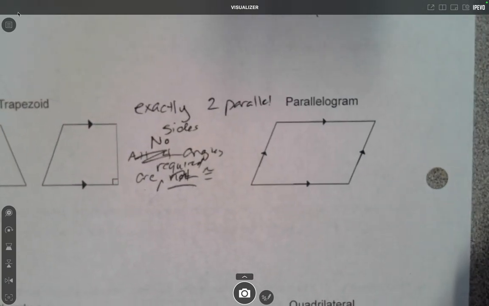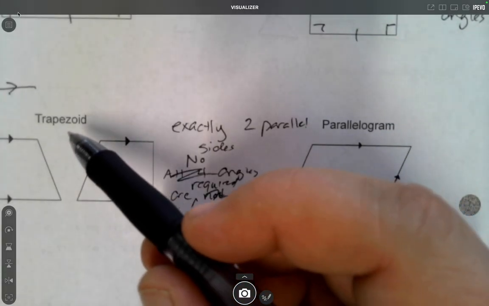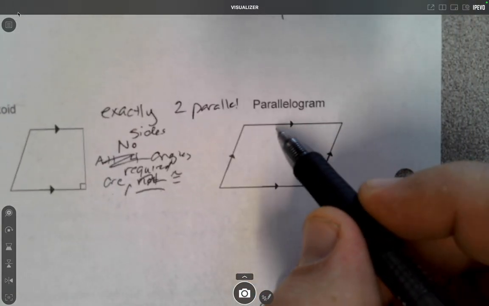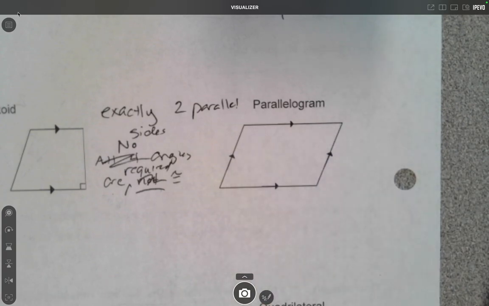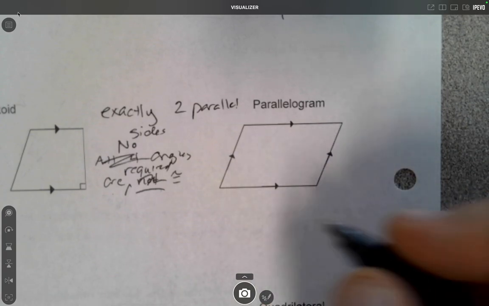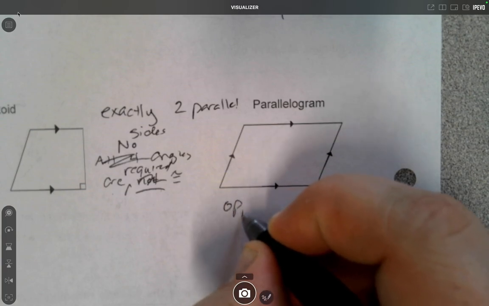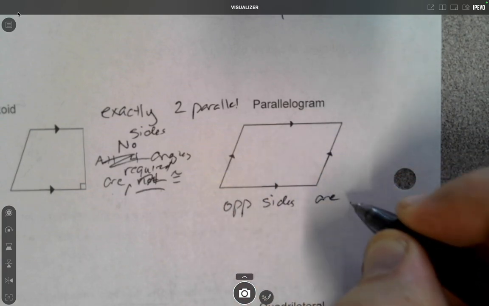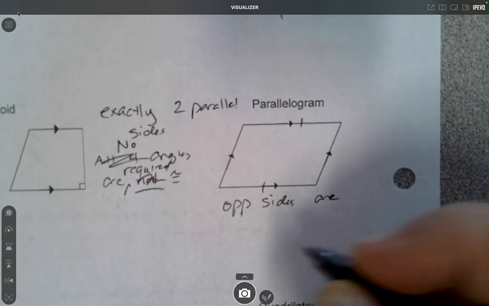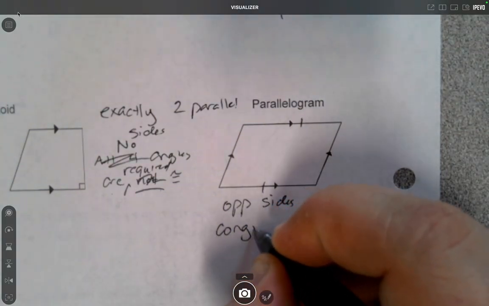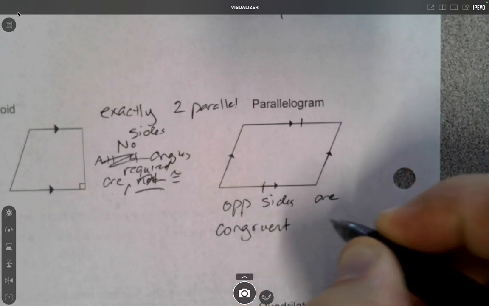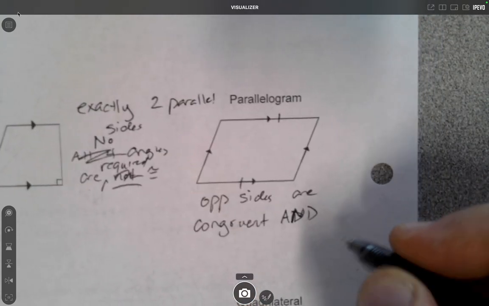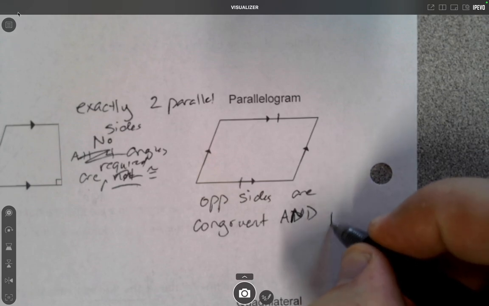Okay, this is a parallelogram. So see the difference between trapezoid and parallelogram. It has to have two pairs of parallel sides. So its opposite sides are congruent and parallel. I think I could write the word and better than that. That's and, A-N-D.